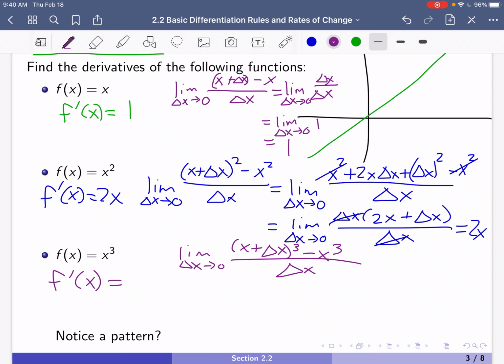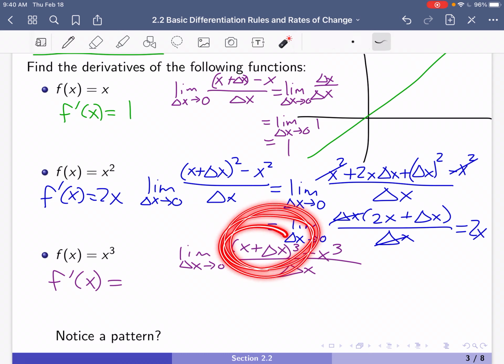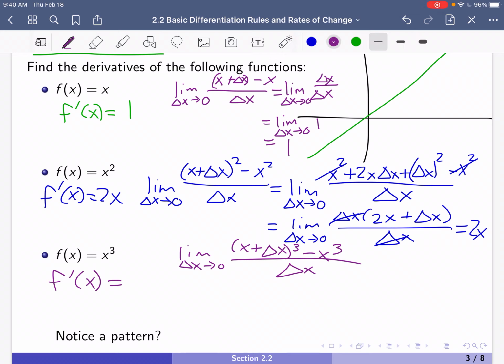We would expand this stuff right here, and when we go through that expansion and do some cancellation, factor out a delta x, we would ultimately end up with 3x squared. So that derivative is 3x squared.